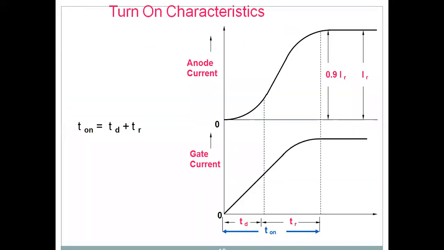You can see the turn on characteristics of an SCR: the anode current and gate current. The time taken for the anode current to reach 50% of its final value is called delay time. After that, it takes some more time to reach 90% of the maximum current.